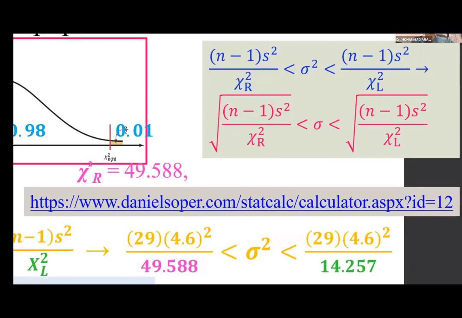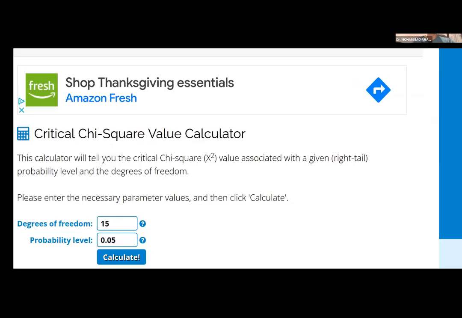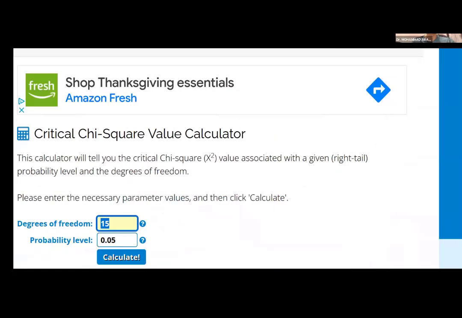All right, I want you to notice when we want to use chi-square, either we have to use a table or you use technology. If you want to use the technology, it's very limited, but I have something here, for example, this one. You can plug in the information. The degrees of freedom, if we go back, was 29.